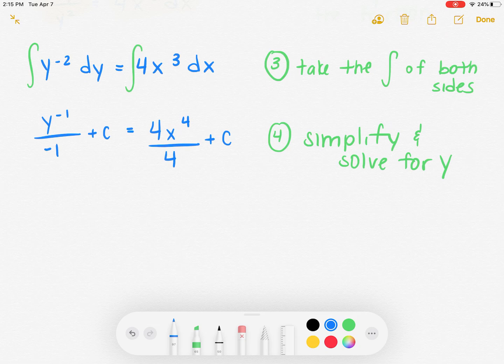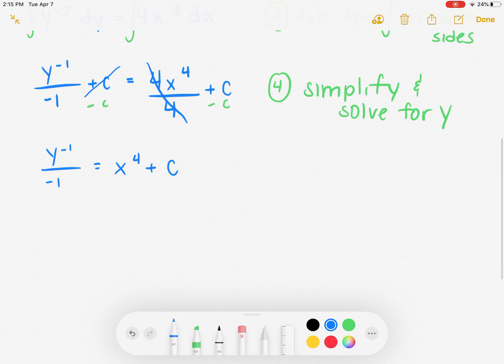So I can actually just eliminate the c that's over here, because mathematically I would be subtracting c, but if I have a constant minus another constant, I'm still going to have some kind of constant over there. So I really just need c to be on one side of my equation. So I'm working with y to the negative 1 over negative 1 equals, I can cancel these 4's too while I'm at it, x to the 4th plus c.